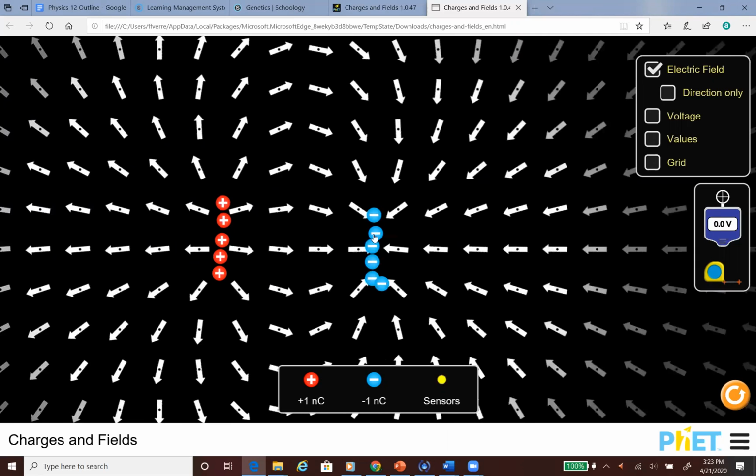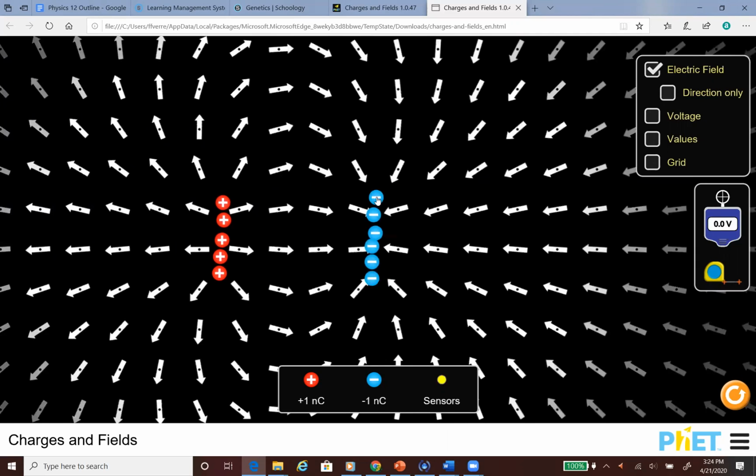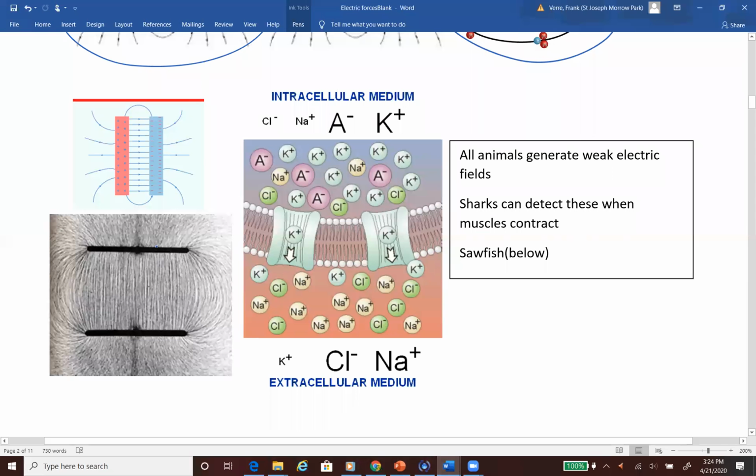You'll notice that in between the plates, it has to be exactly lined up, but it should look something like this, where you get field lines that are almost running exactly straight through from one side to the other. There's going to be some curving towards the end. So it's going to look something like this. You can see that here.